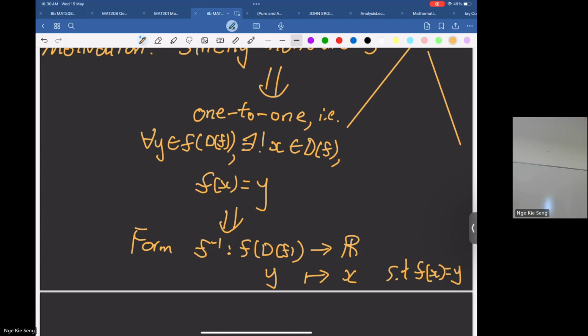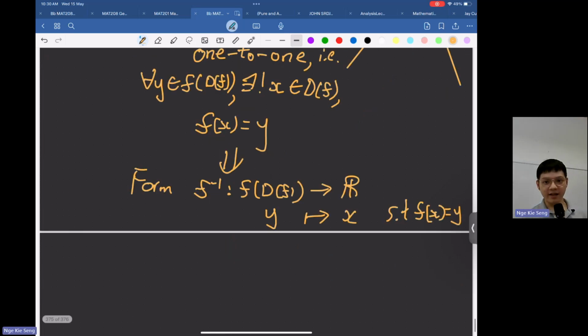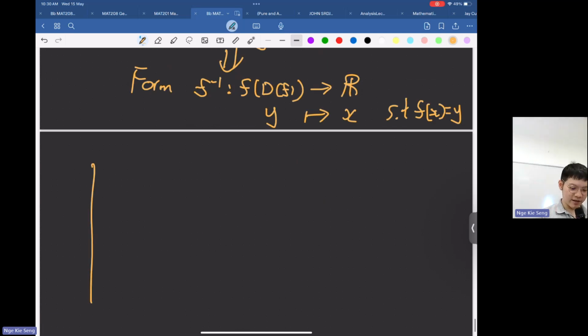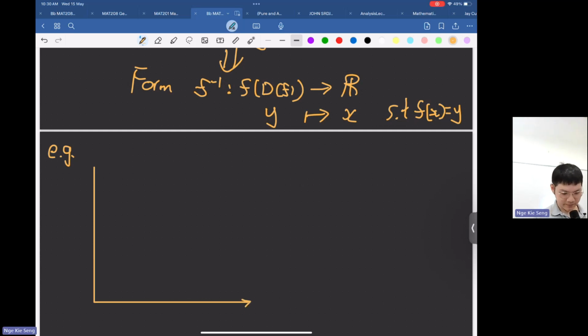Okay, so this is about inverse. And then we can look at this kind of function example. Let's say strictly increasing. Let's say this function is differentiable at this point.